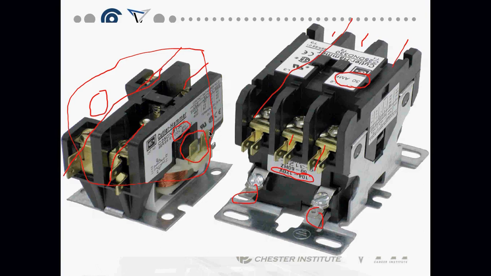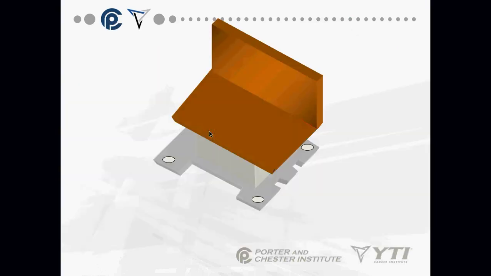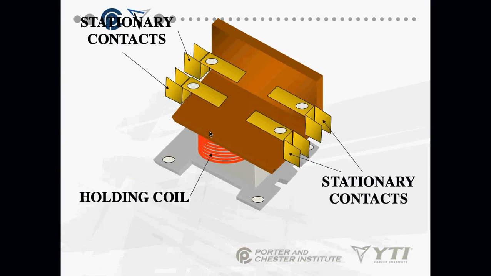So again, be very careful with the voltages and amperages. It's very important. Do not wire coils in series. I've seen somebody do that. Bad things happen. The contacts get connected to a coil, which is called a holding coil.